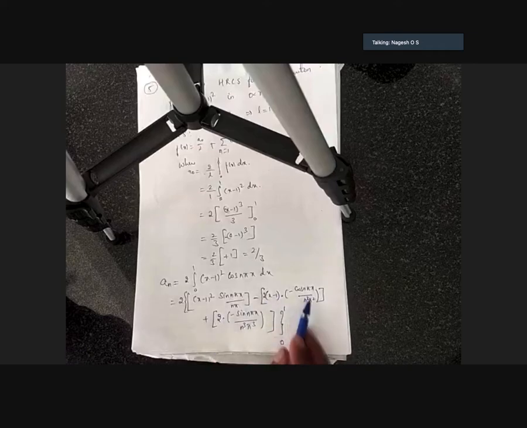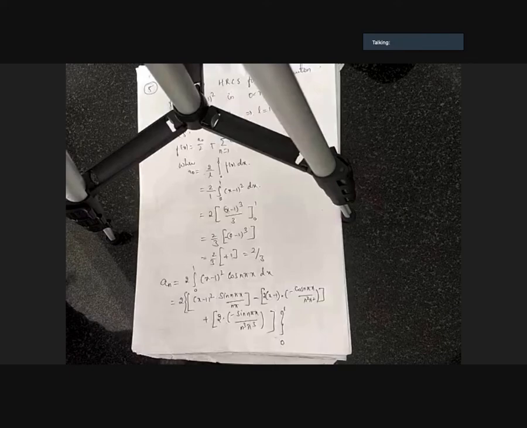Differentiation of this is 2 and integration of this is minus sin n pi x by n cube pi cube.